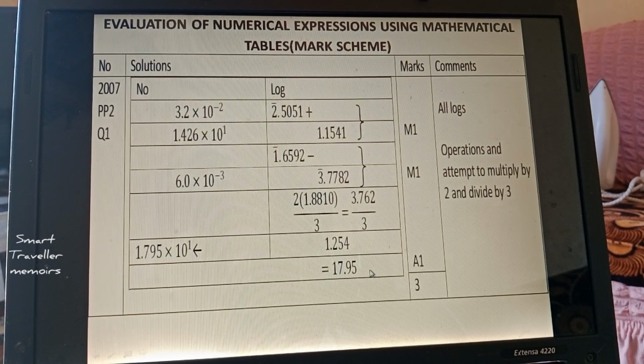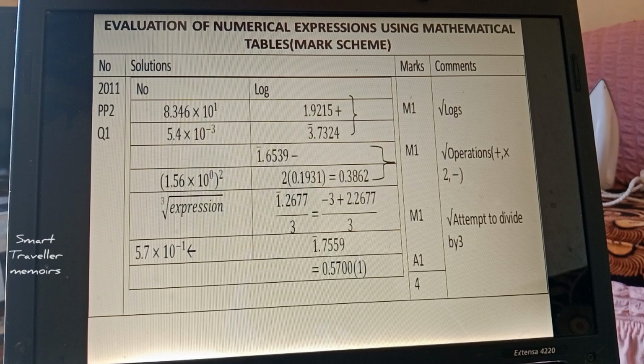I don't think there is anything you'd like to be explained there, because things are straightforward. Finally, 2011, paper 2, question 1. All logs correct, you get a mark.